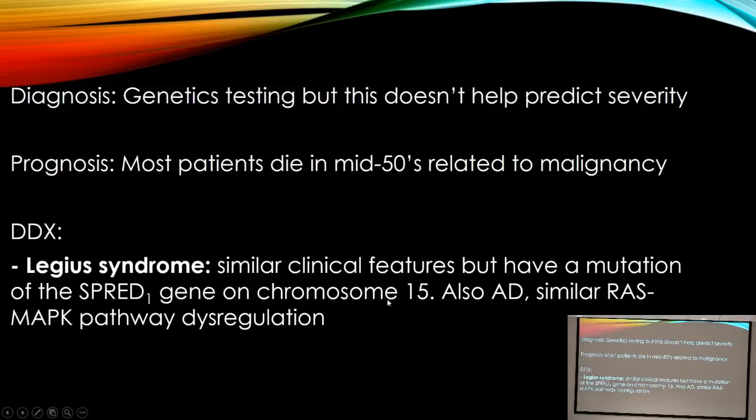It has the same downstream effect on the RAS system. Okay, so it's very similar. So if you have a patient, you think they have NF type 1, their genetics testing is negative, then you'd want to consider this as an alternative diagnosis here. And again, if you think of it, you can do the genetics testing for that condition.